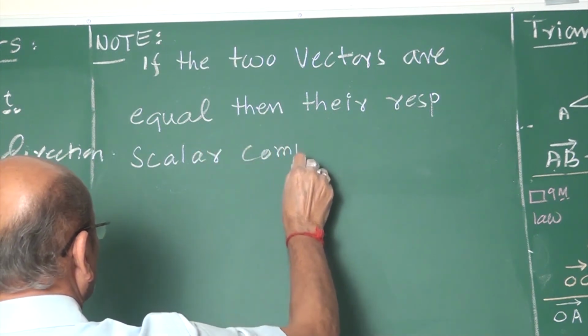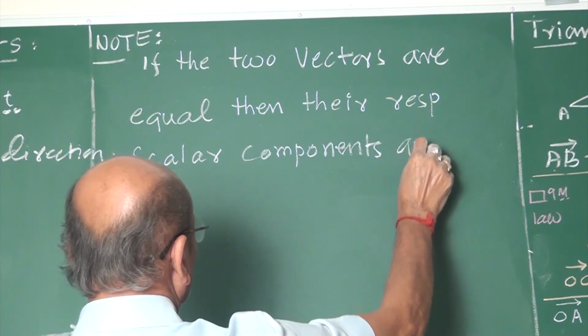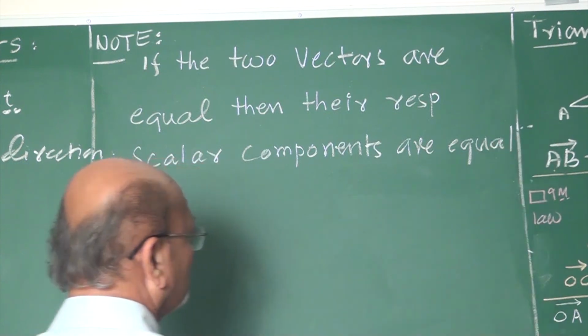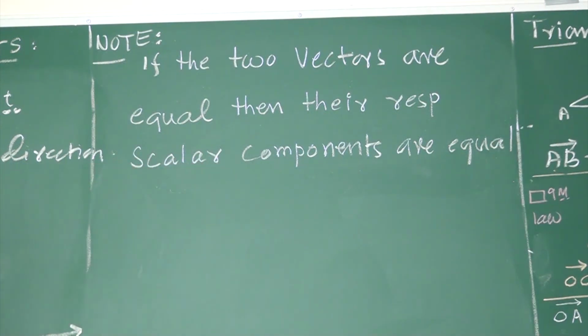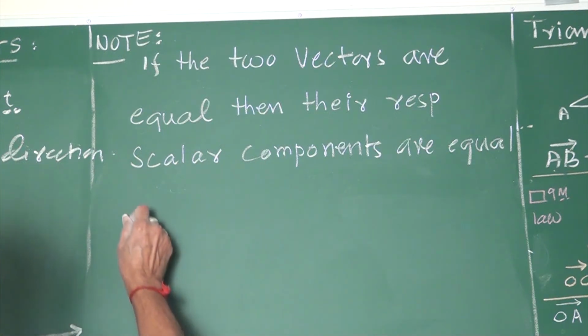Yes, my friends, read it. If the two vectors are equal, then their corresponding scalar components are equal. Now, one example based on this.